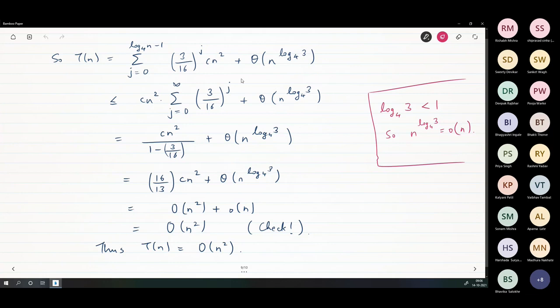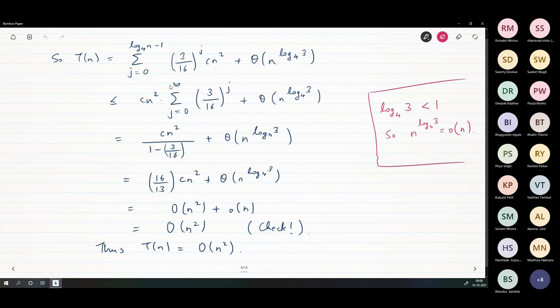And we want estimates, so these are all non-negative numbers. Instead of going up to log n to the base 4 minus 1, I'll just go up to infinity, just for easiness in computing. So this is less than or equal to cn squared times the summation j going from 0 to infinity of 3 by 16 to the j, plus this term.